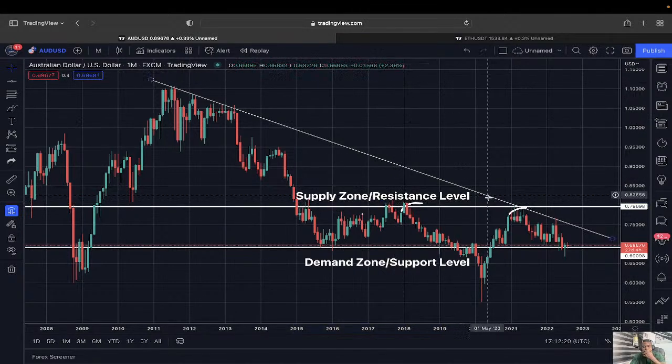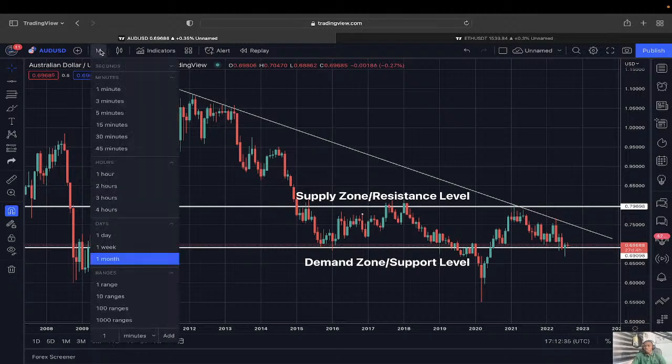So now let's take a deep dive, because the time frame we are on is the monthly time frame. Now let's go down to the weekly time frame, because it's important for you to know that a top-down approach is very necessary, because it helps you to see from a broader perspective to a clearer perspective.